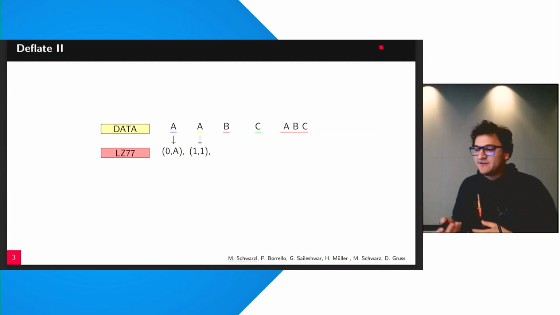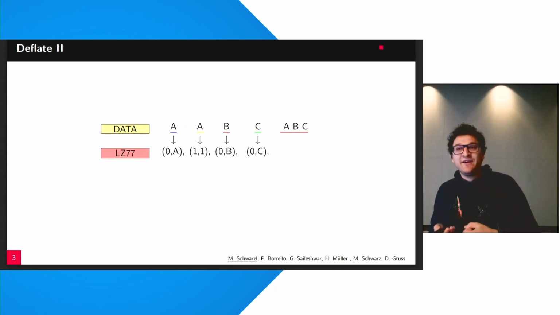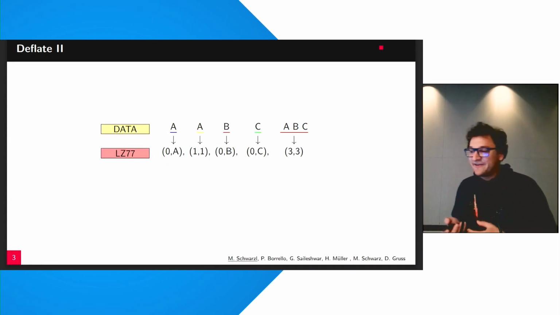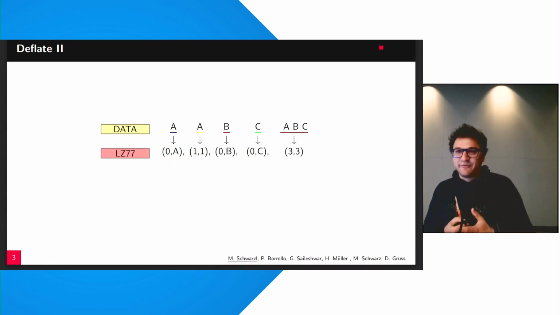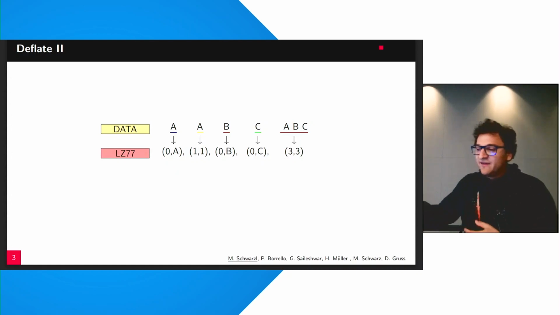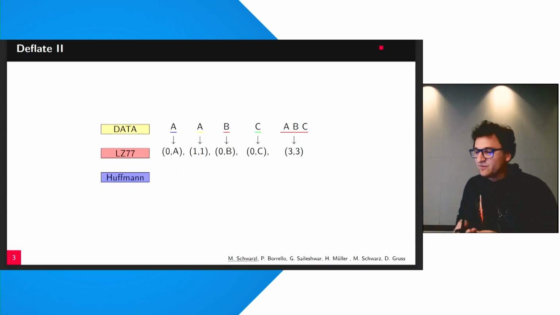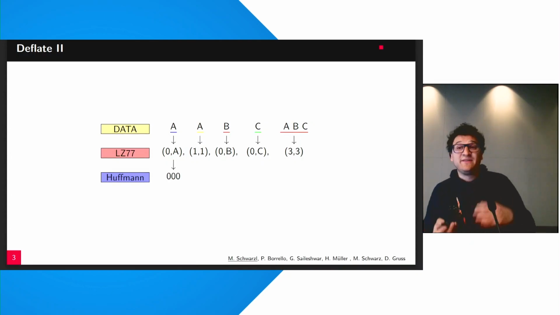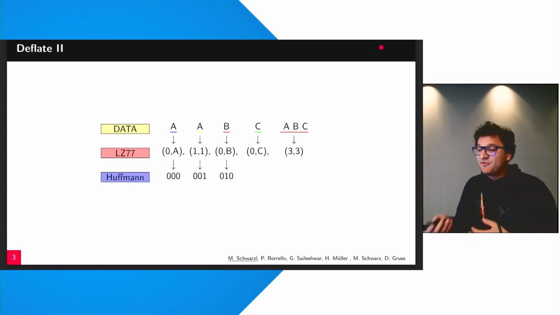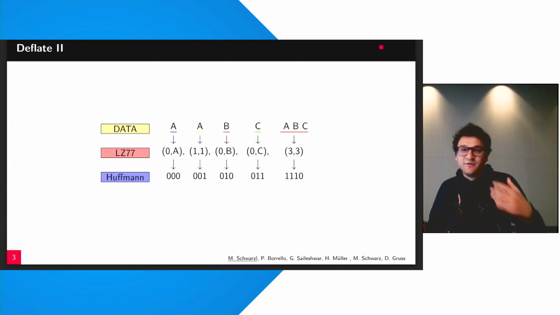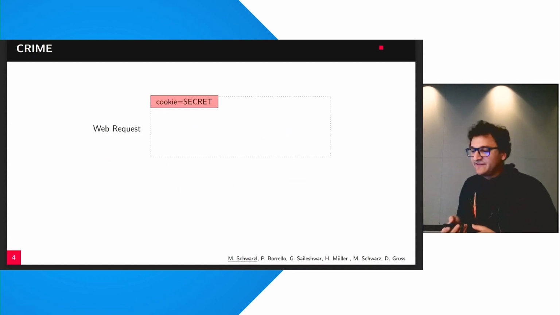In a simple example, this looks as follows. LZ77 creates these distance-length pairs, and for instance, when starting with a sequence of length 3, you get a pointer, or the distance, to the first start and the length of the sequence. And the Huffman part now finds some form of optimal encoding for these pairs to further compress the data.